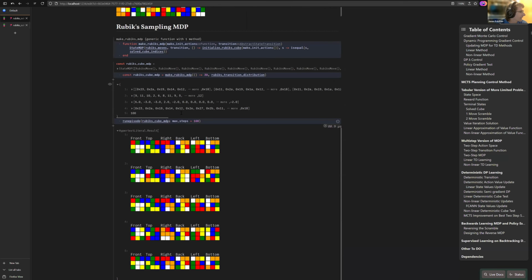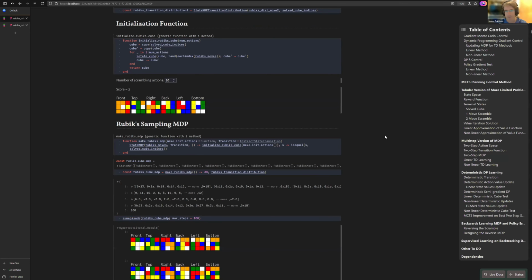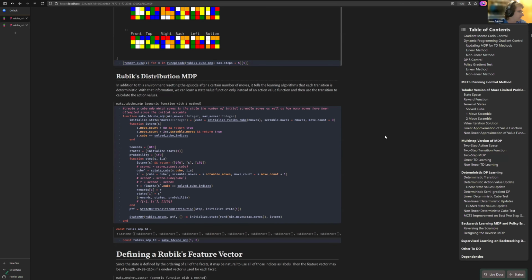So anyway, this cube is actually a deterministic problem, right? If I make a move, we know exactly what state we end up in. And it turns out that if that's true, we can make some of the techniques a little bit easier.